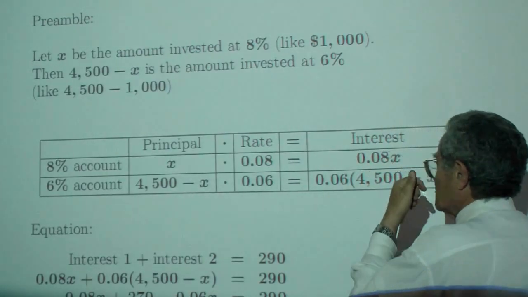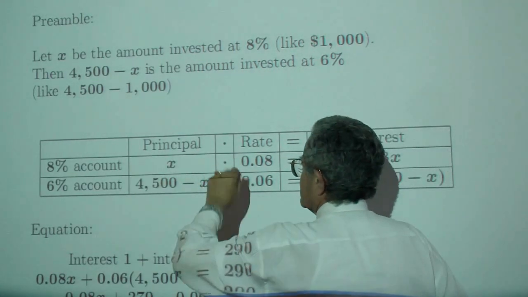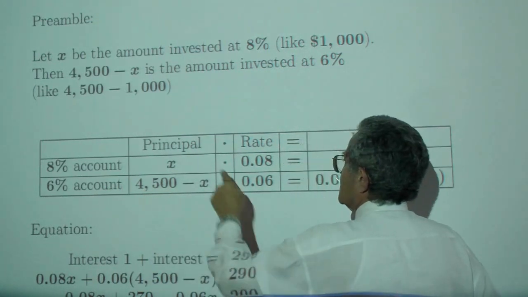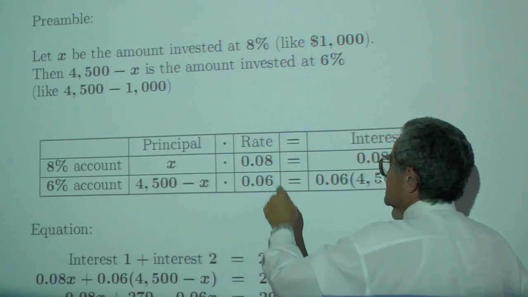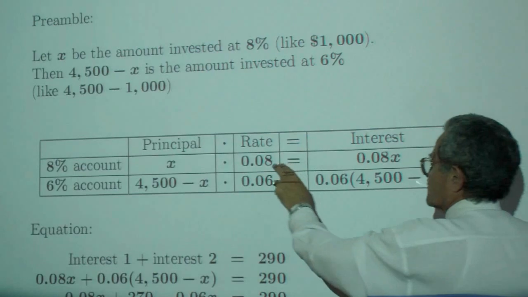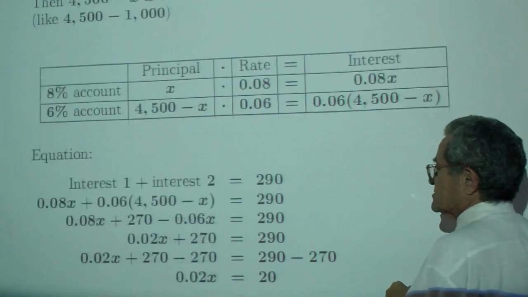And then again, we do a little table here. You have the 8% interest account, you have the 6% interest account. You have X dollars at 8%, the rest at 6%, 8%, 6%, and in 1 year you get the product of these two numbers and the product of these two numbers.